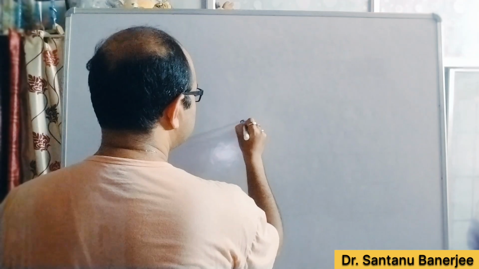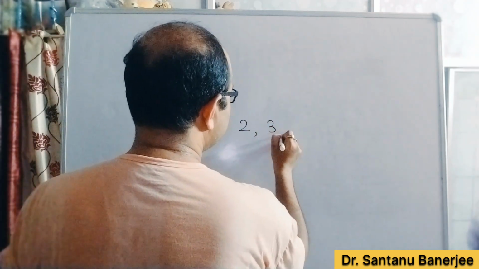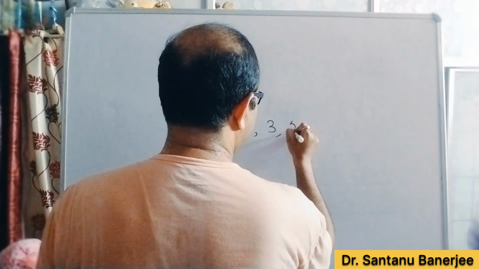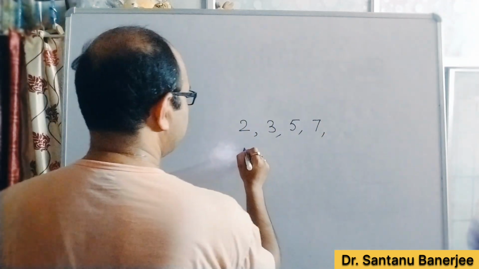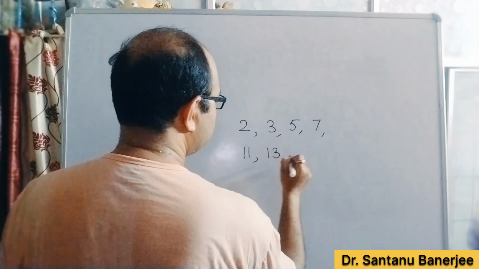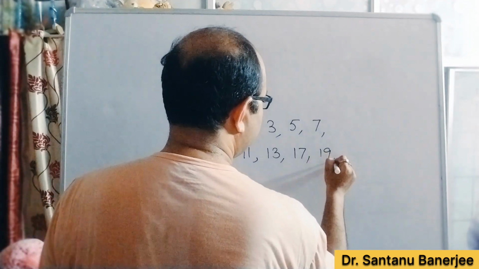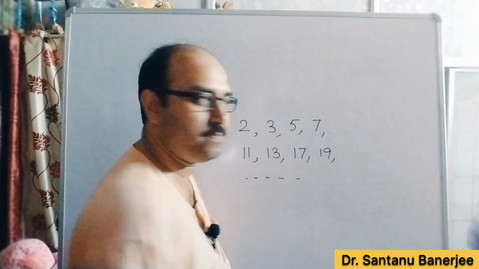Now this conjecture is based upon prime numbers. If I tell you to list down the prime numbers which you know, how will you list them? The very first prime number you can start with is 2, then 3, then 5, 7, then 11, 13, 17, 19 and so on.